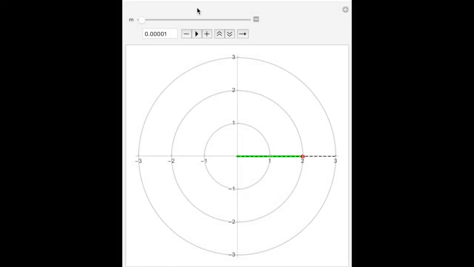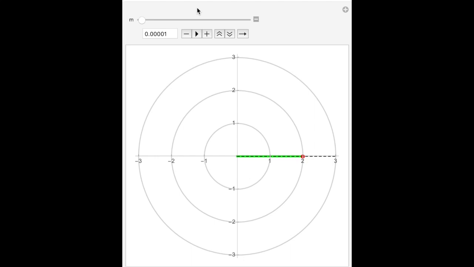We'd like to understand where this cardioid comes from, and the way we're going to think about it is to think of that dashed black line as our antenna. That represents the angle, and it's going to sweep around this circle, from 0 to 2 pi, and we're actually going to see it go through twice. As this dashed line sweeps around the circle, you'll see a lime green line, my favorite color, with a red dot at the end.